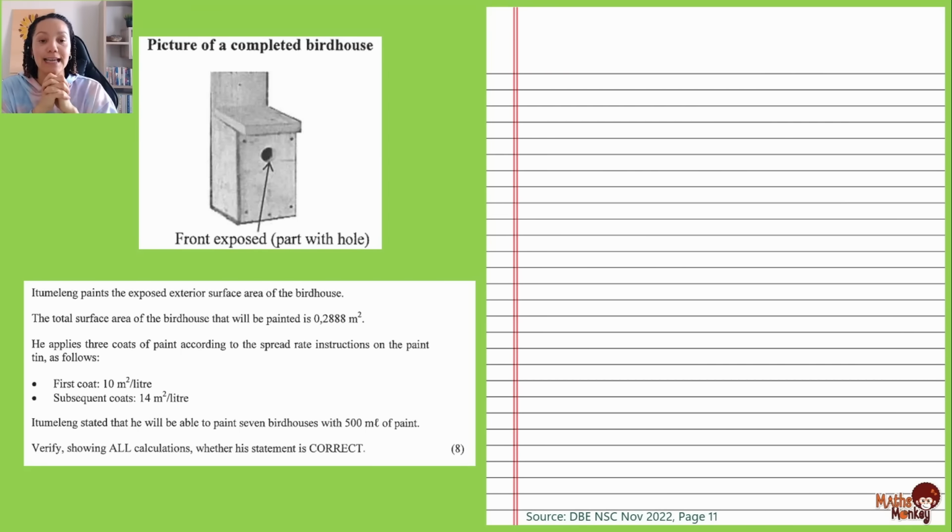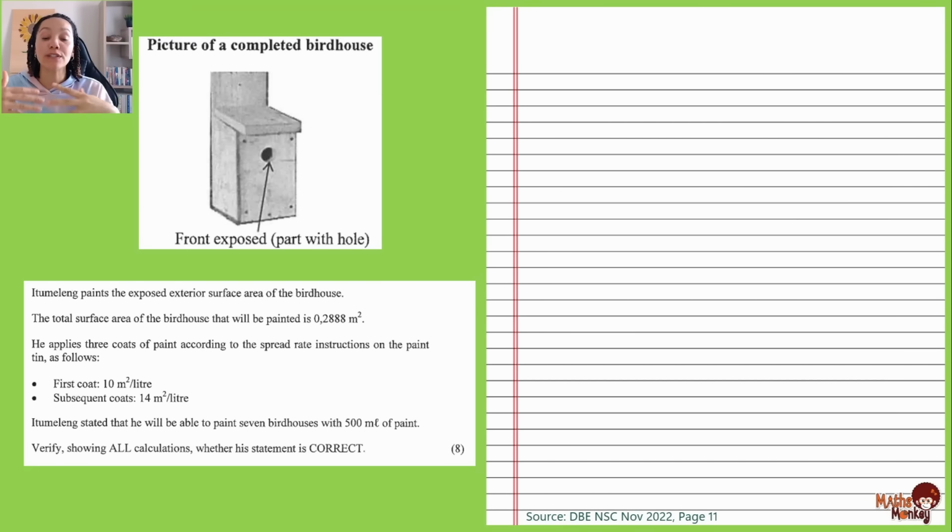Then it says he applies 3 coats of paint according to the spread rate instructions on the paint tin as follows. For the first coat, the paint covers 10 meters squared per liter, and for the coats after that, 14 meters squared per liter.